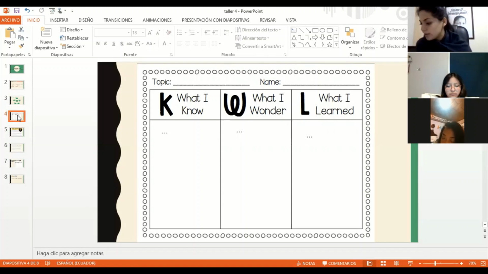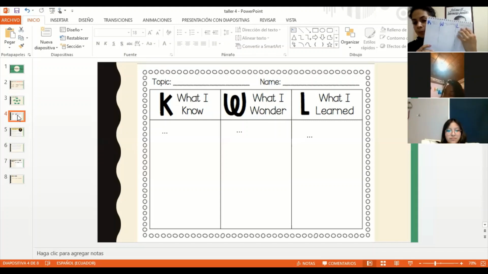The W represents what I want to know, or in this case, it says what I wonder, and the L, what I learned. I'm doing the same thing, and you got to show me, okay? So I have my 3 columns, KWL. You could show me once you are done.